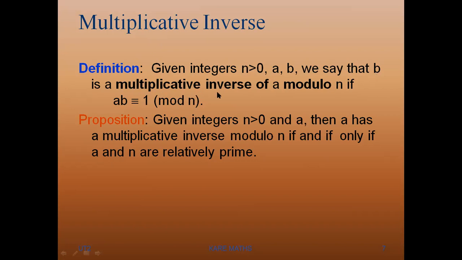B is known to be the multiplicative inverse of A modulo n if their product is congruent to 1 mod n.